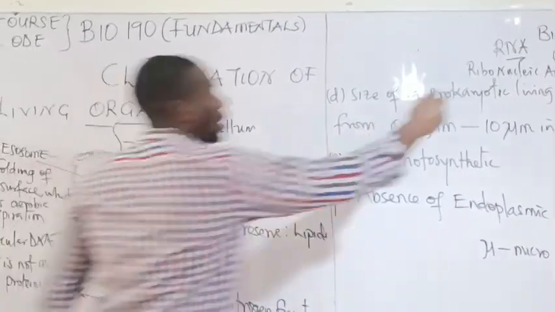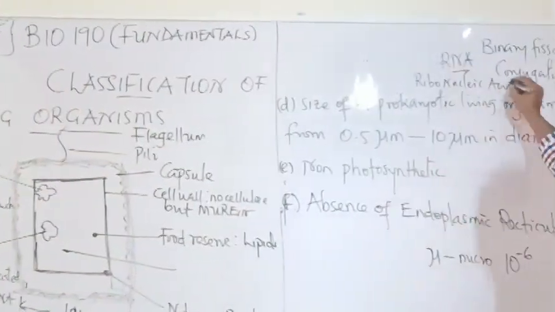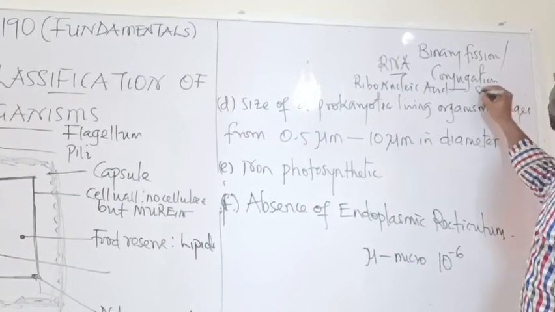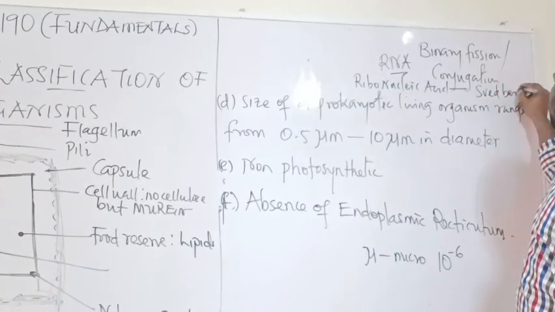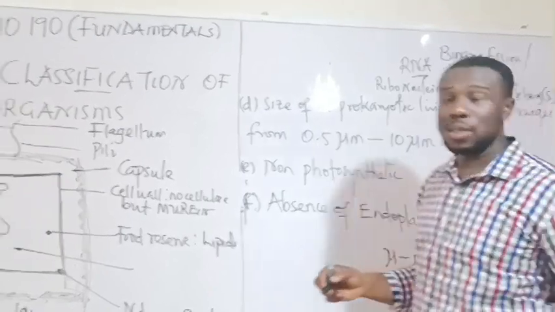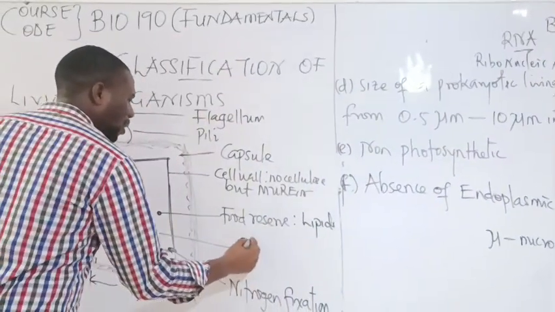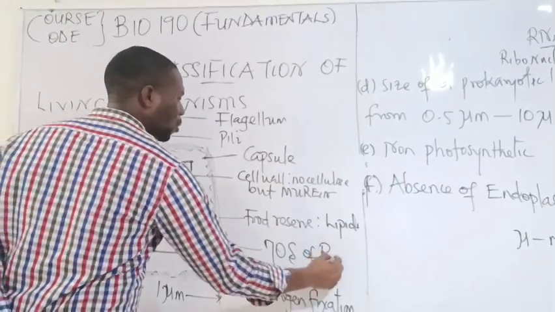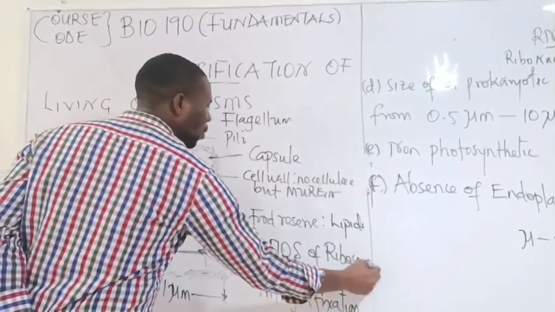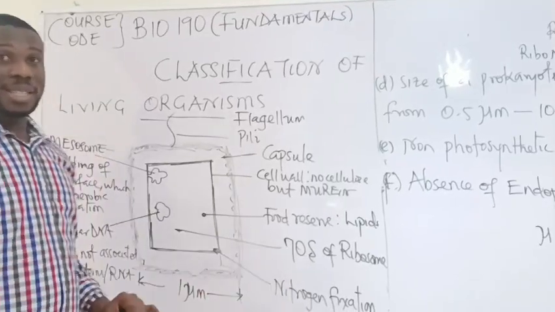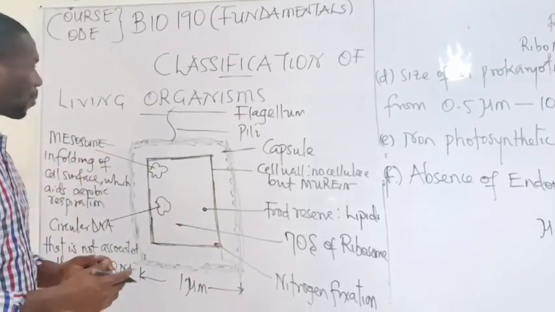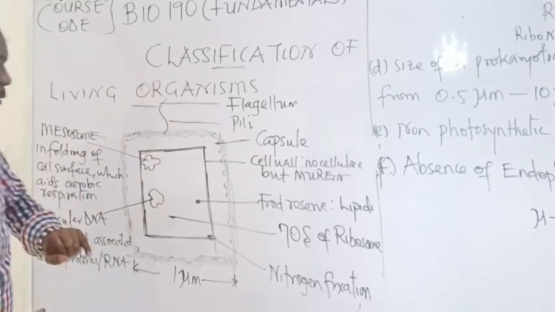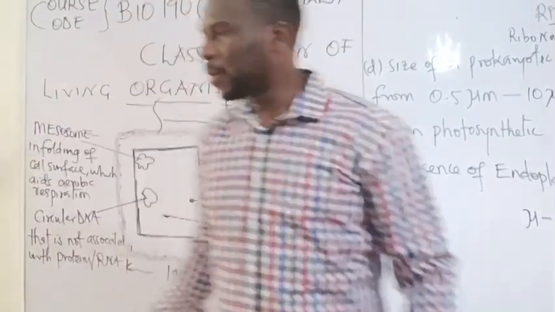So the unit for the ribosome is 70 Svedberg, and we denote this by S. So we have 70S of the ribosome. The ribosome is just the site for the synthesis or the manufacture of protein. And of course, I could stick in other components here, but for the sake of time, I'm going to wrap it up here.